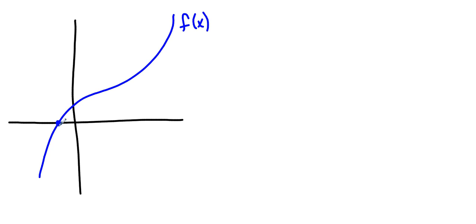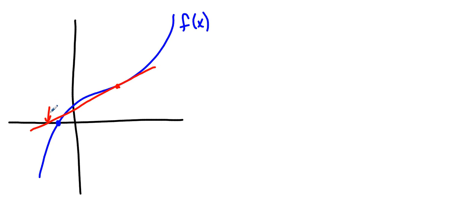Maybe you just know that it's near some place. So you pick some place near where you think the root is, and you say, hey, the function is basically its tangent line. And if that's the case, then I can use the tangent line to approximate the function, and figure out where the tangent line has a root.